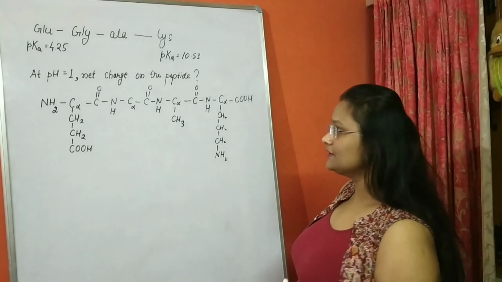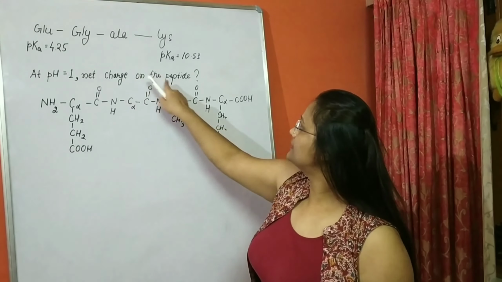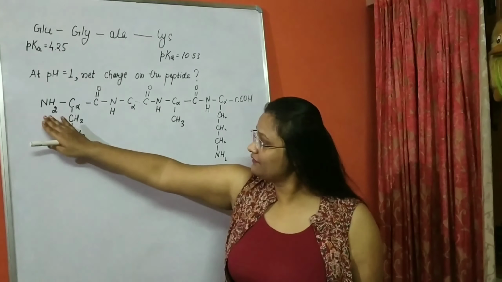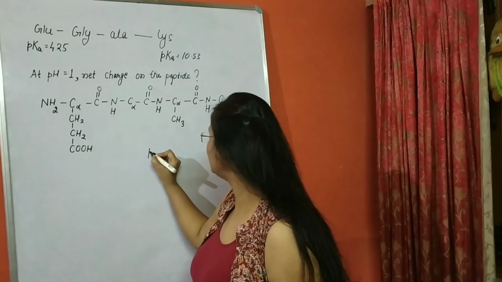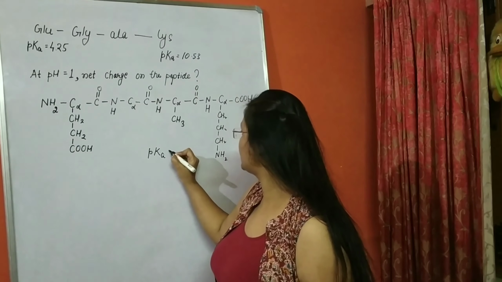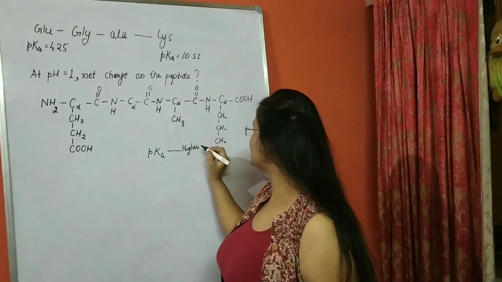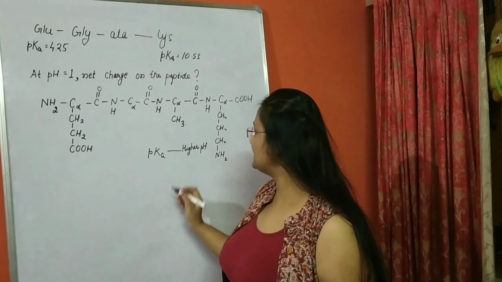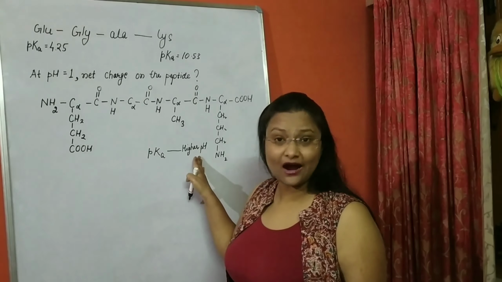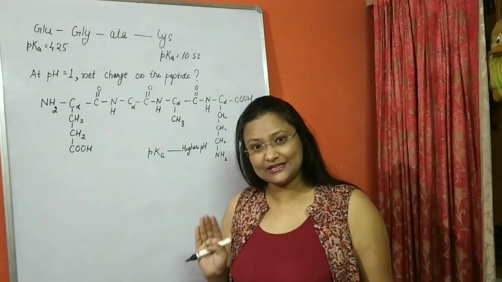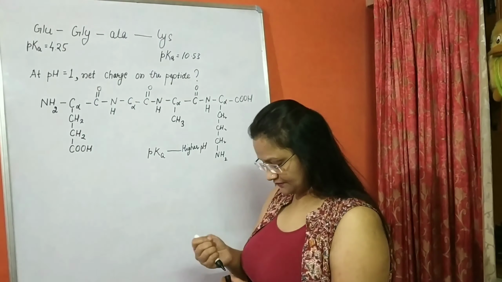Now we know the rule, and this peptide is kept at pH equal to 1. We need to find out the net charge on the peptide, so we will start with NH2. We know the rule very well: if the pH is higher than the given pKa, that means there is a scarcity of H plus ions. The medium is less acidic, that is, it is basic.